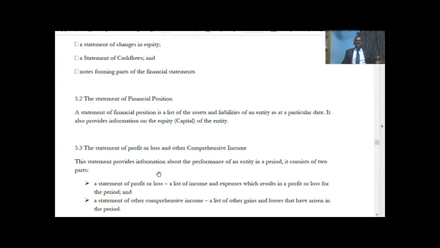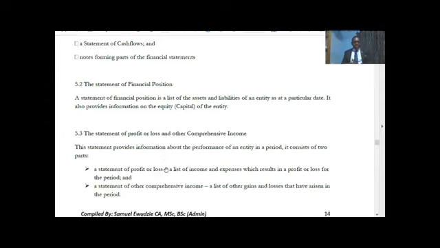So we have the profit and loss part, and we have the other comprehensive income part. Good. So a statement of profit or loss will look at the list of income and expenses which results in a profit or loss for the period. So the profit and loss part will look at all the income that the company generated less the expenses. Okay, that will give us either a profit or a loss.